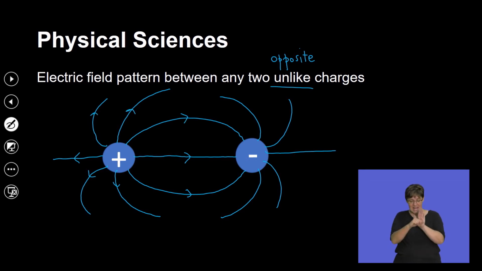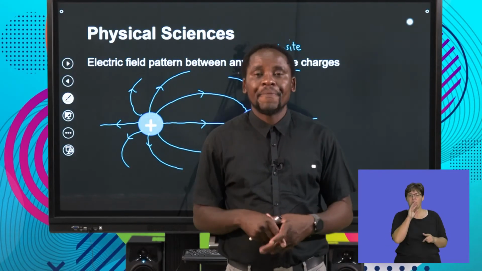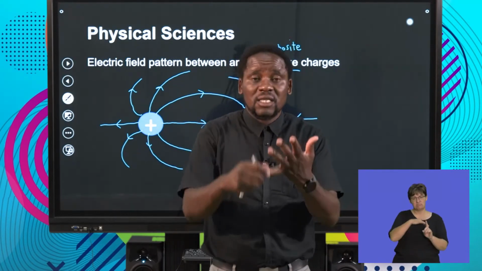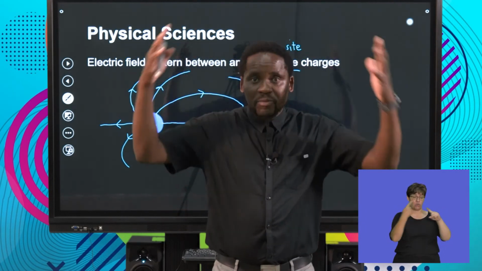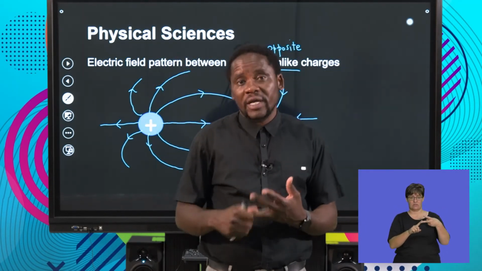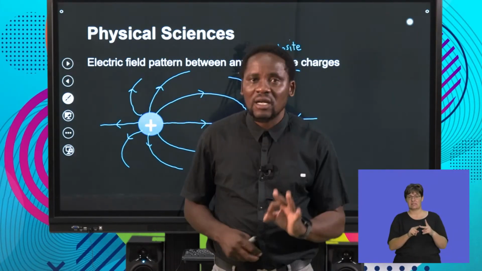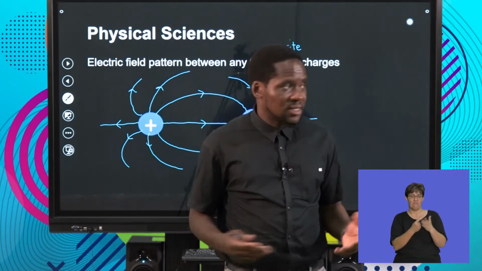And it's actually towards the negative, as we have demonstrated in the simulation. So usually if you were asked to represent an electric field pattern, you could get easily 3 marks. These lines must not cross each other. The shape of the pattern should be correct, as well as the direction. So those are 3 very essential components of electric field lines in terms of point charges, right?